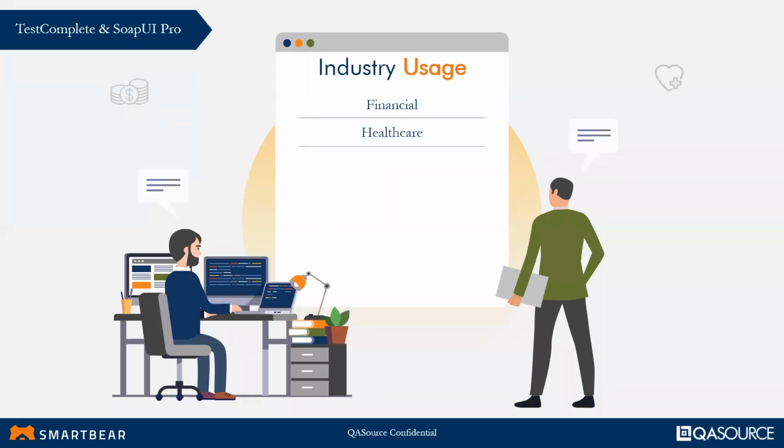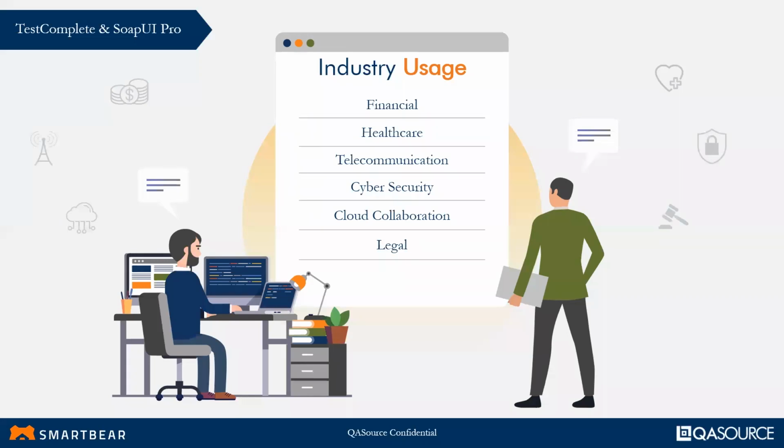The healthcare domain, where we've automated end-to-end workflows to validate the health life cycle of patients and their overall progress in the system. We've automated telecommunication domain systems. We've also used these tools with many other major domains like cybersecurity, cloud collaboration, and legal matter management as well, where we've automated and customized workflows and approval flows to handle legal disputes and lawsuits.